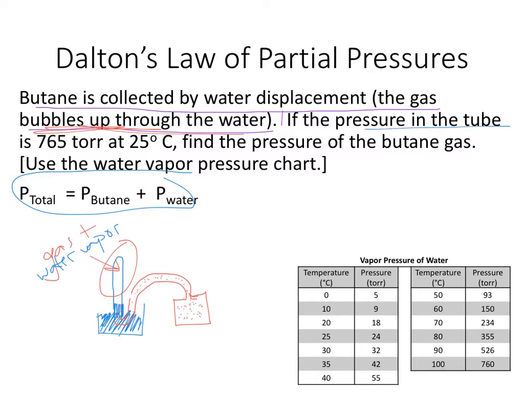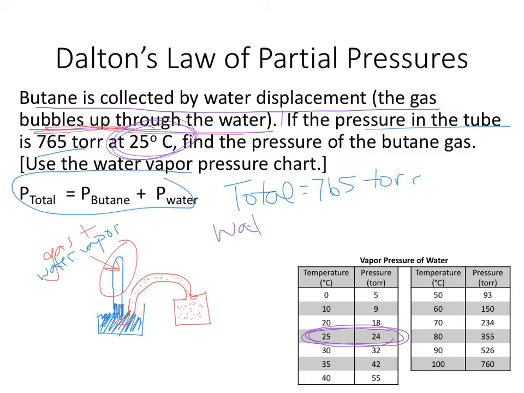If the pressure in the tube is 765 torr, which means total, that's 765 torr, then what's the pressure of the butane? Use the water vapor pressure chart. So at 25 degrees, which is what we have, water has a pressure of 24 torr. Water equals 24 torr.